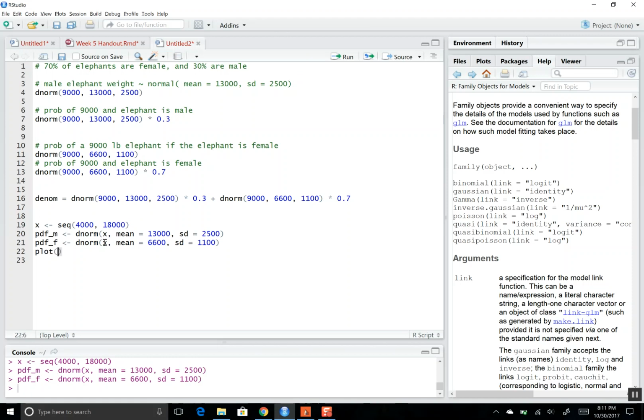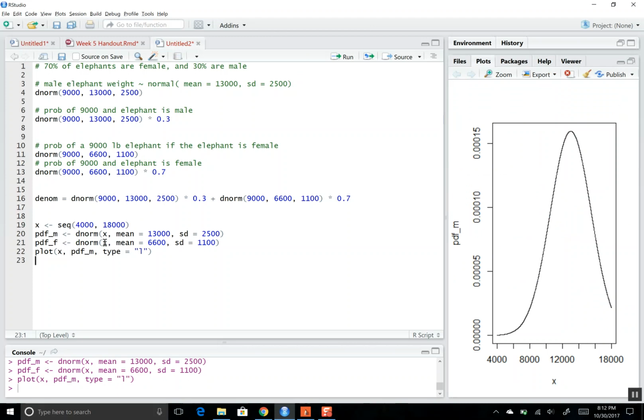Okay, all right. So let's plot x and PDF underscore m. Type equals L. Is that what I want? Yeah, this is what I want. And we'll do lines x and PDF underscore f. Type O. Just okay, color. It's red.